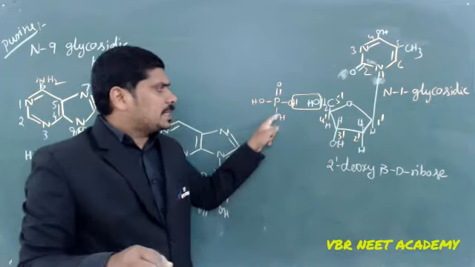Now this is 5' for this one, then 4', 3', 2', 1'. The 5' position of one nucleotide has the phosphoric acid, and at 3' we have OH. Now this OH and this OH go out as water and they form a bond.